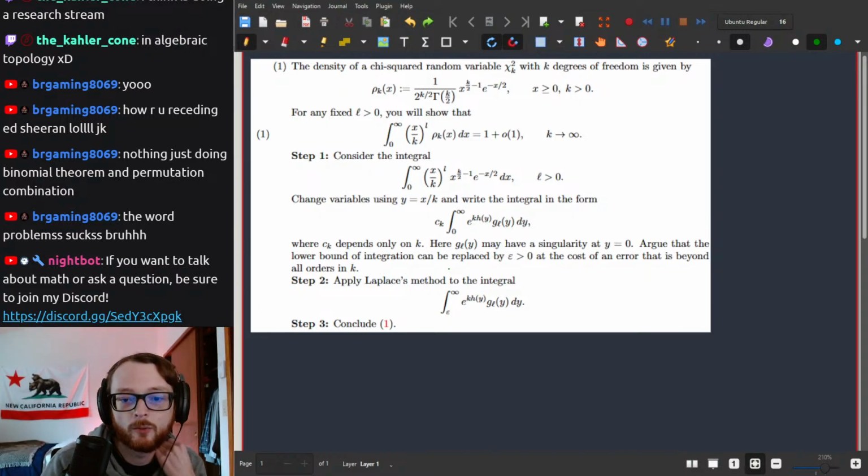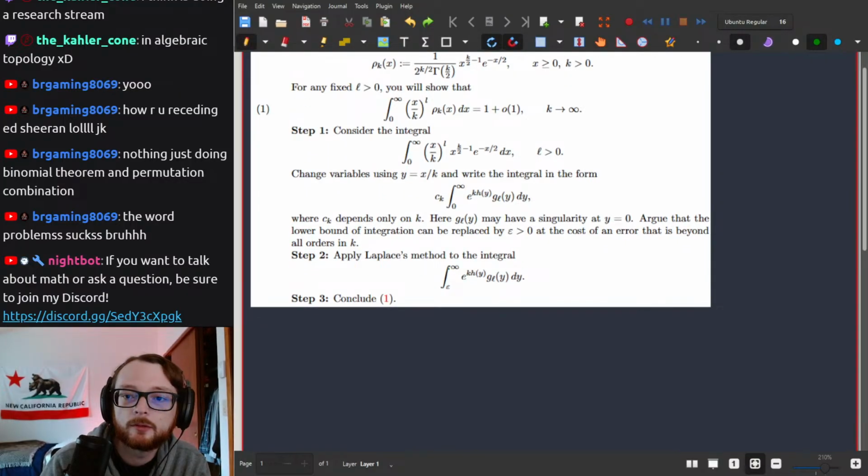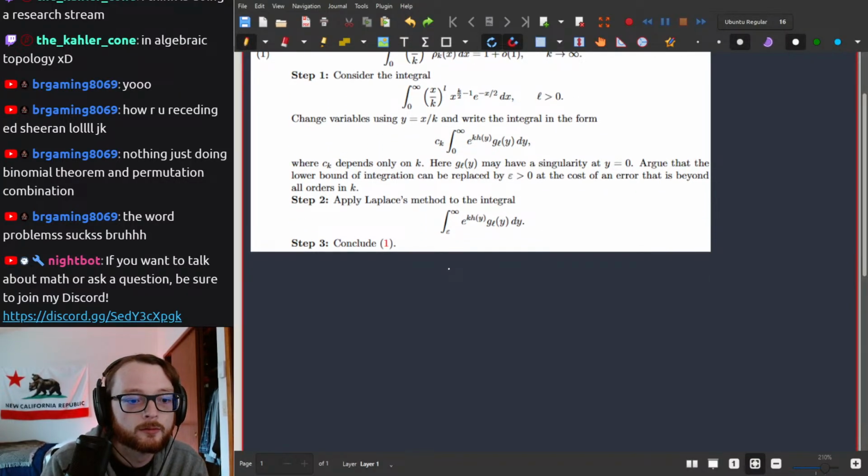There's a singularity at y equals 0 in the lower bound of integration. Okay, well, let's start with the change of variables, shall we? x to the k over 2 minus 1, e to the minus x over 2, dx.